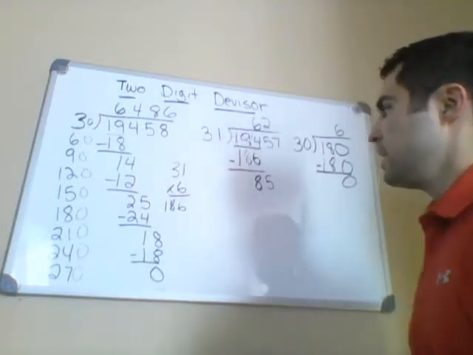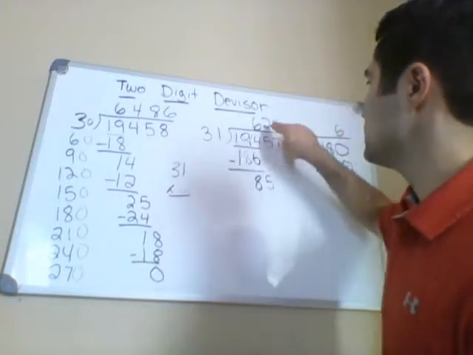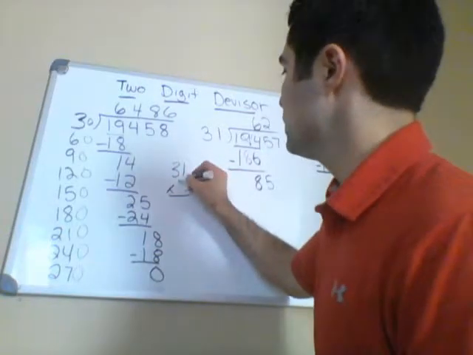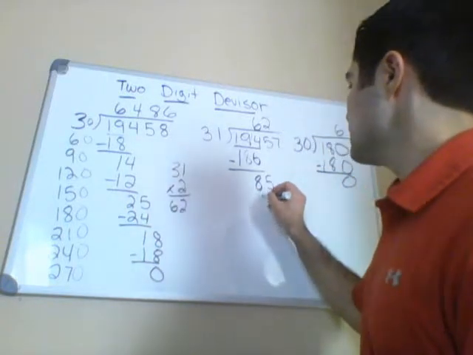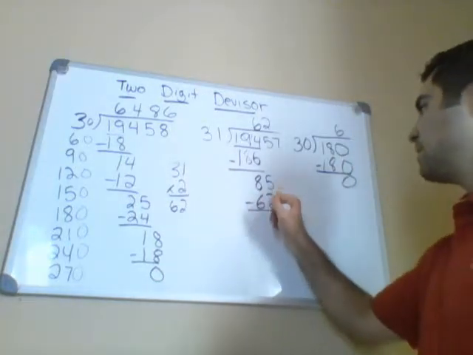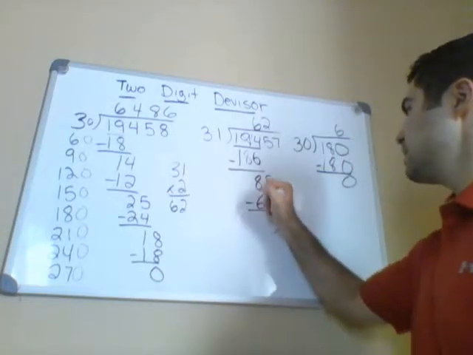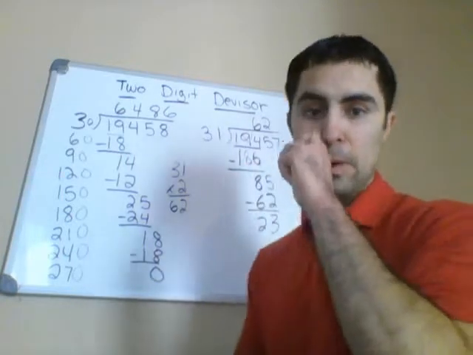Now we're going to multiply it out, just like we did right here. Instead of multiplying by 6, now we're going to multiply by 2. 2 times 1 is 2, 2 times 3 is 6. So 62. We're going to subtract. 5 minus 2 is 3. 8 minus 6 is 2. 23 is less than 31, so we're good.